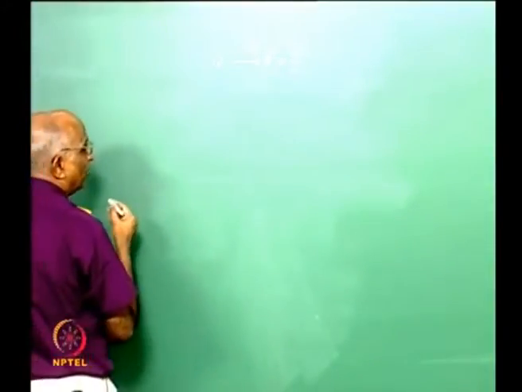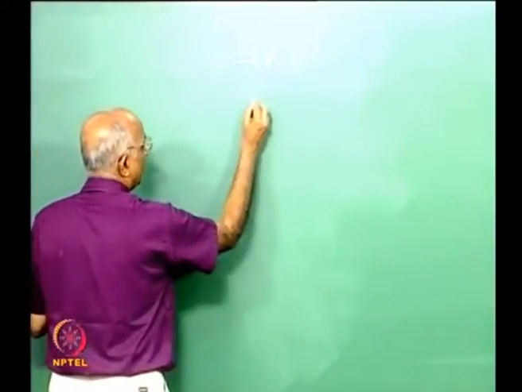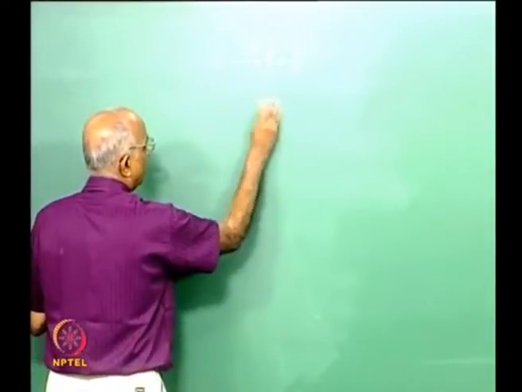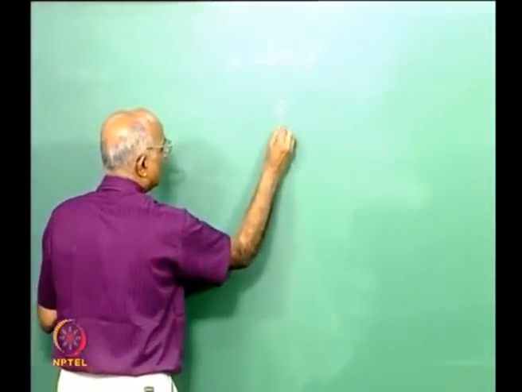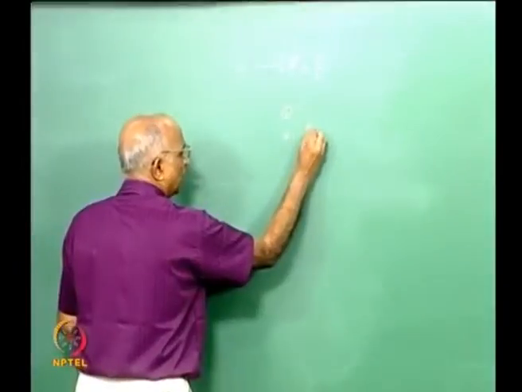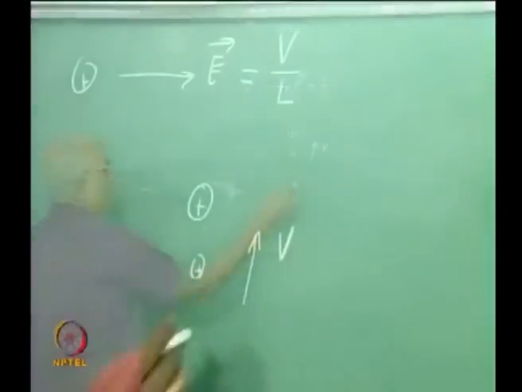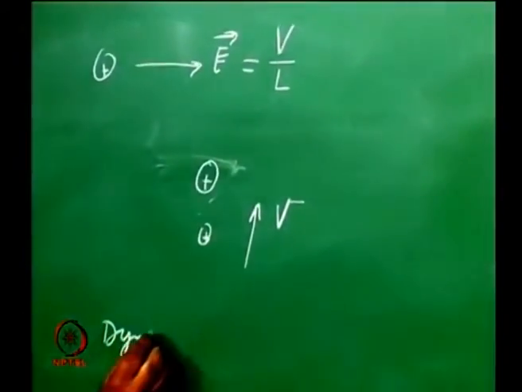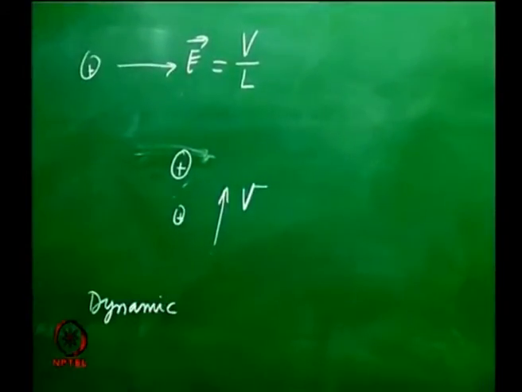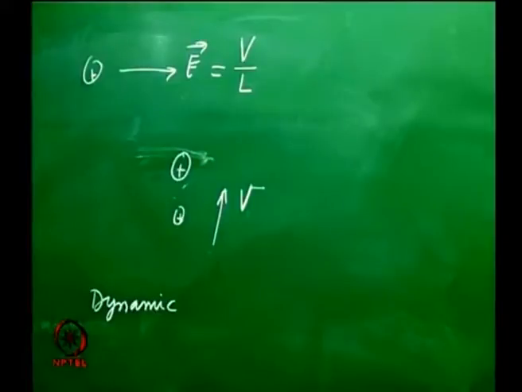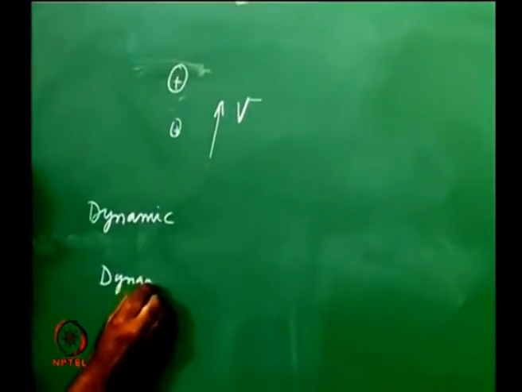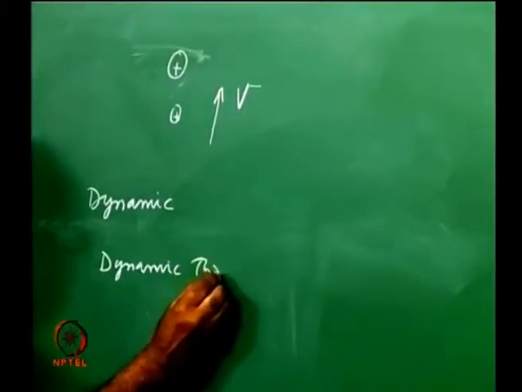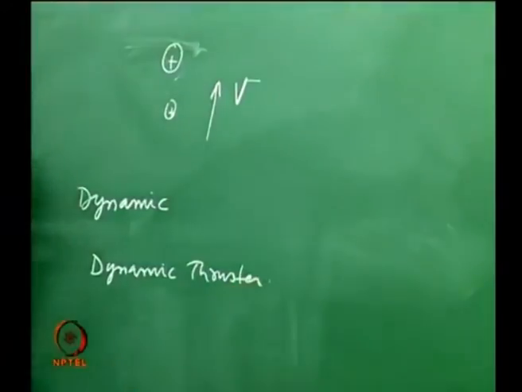Whereas in the case of a magnetic or electromagnetic thruster, I have a field which is available, and into this field I have to move the charge with a given velocity. In other words, I am talking of a dynamic situation, and therefore electromagnetic thrusters or magnetic rockets are known as dynamic thrusters, because you need to have a velocity to begin with.